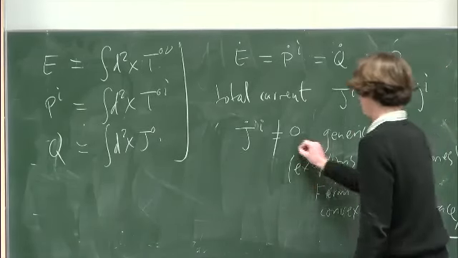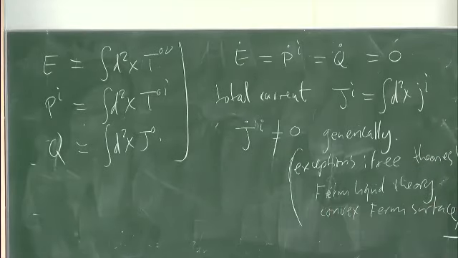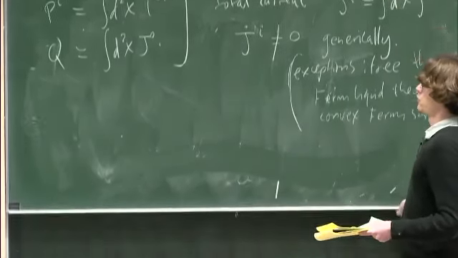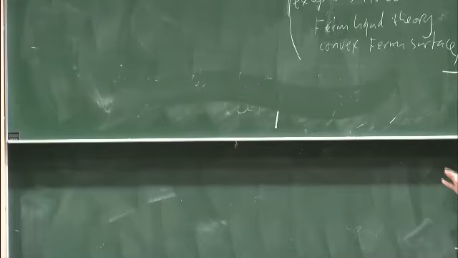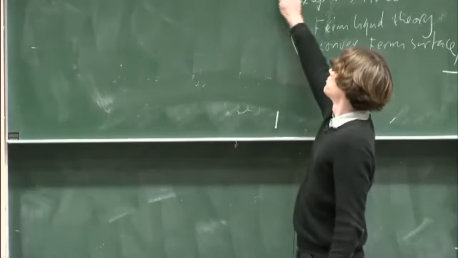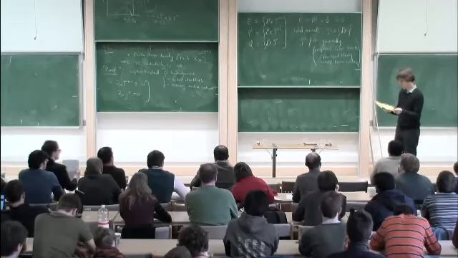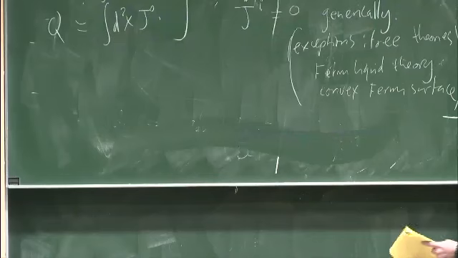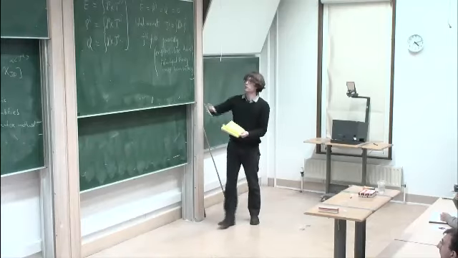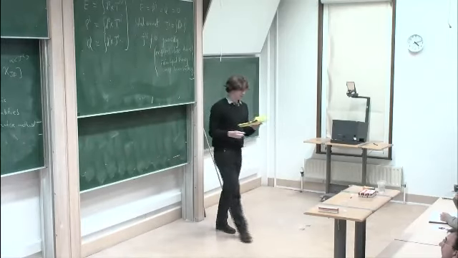I'll just put that in to keep some people happy, not because it's important to what I want to say. But for a general strongly interacting theory, J^i dot as an operator is not 0. That means the current can relax. If I apply a current, the current doesn't have to stay there, because J^i dot is not 0.